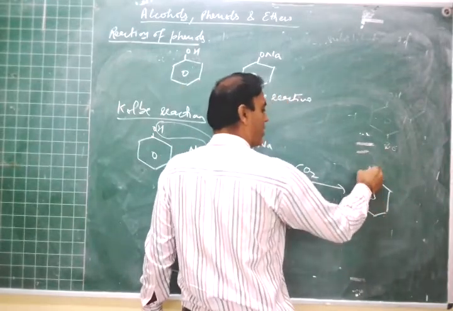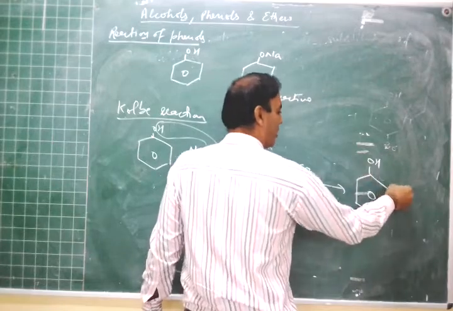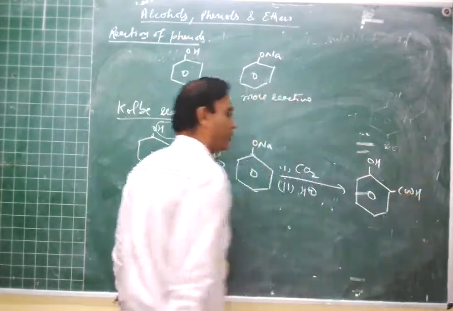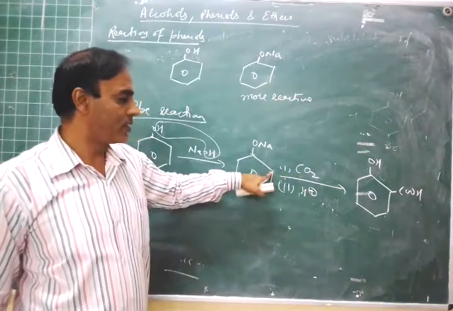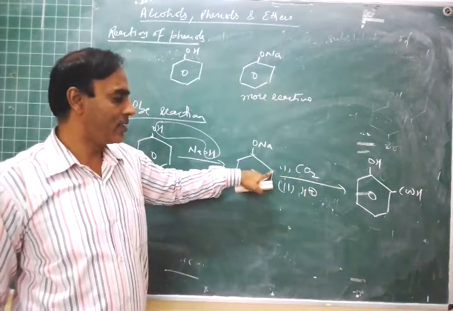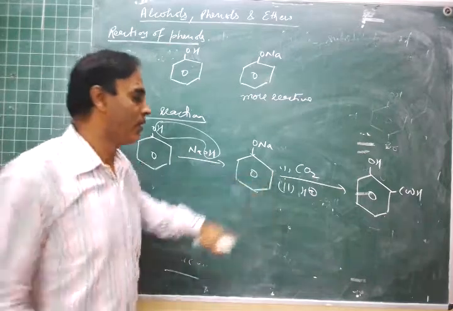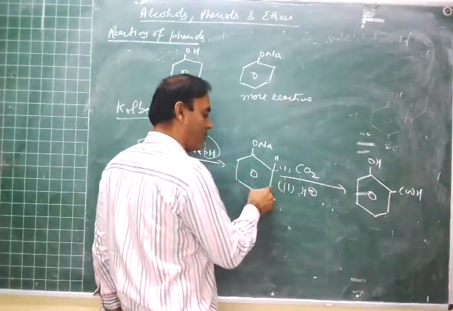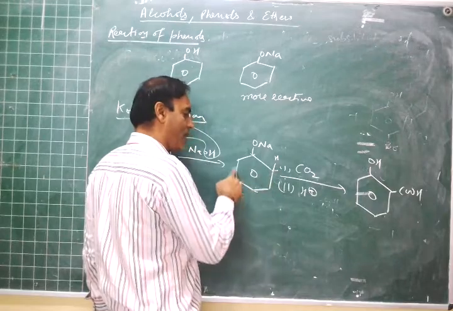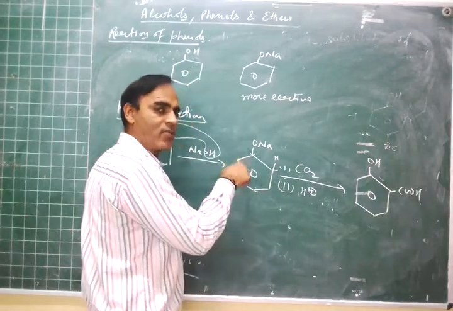So show the reaction, and here will be COOH. Right? This CO2 molecule gets attached here, and here is a hydrogen atom with the carbon atom. So we can show this hydrogen atom. On each carbon atom there is a hydrogen atom, and that has not been shown.